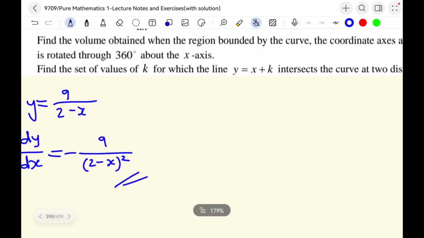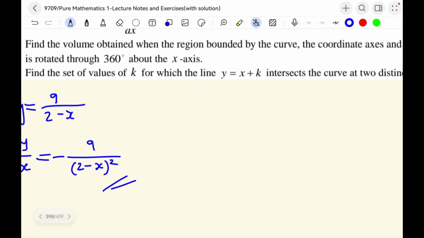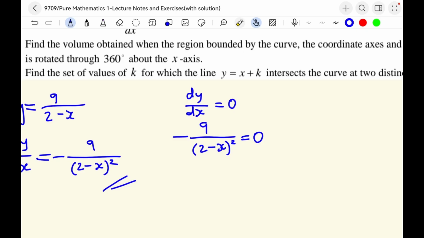And now equate it to 0. When dy/dx equals 0, you will see that there's a negative. Okay, so what you can see over here, actually it is not defined, or undefined. Despite the negative disappearing here, it's still undefined. Why?